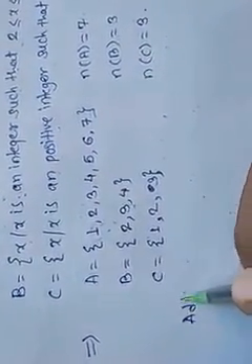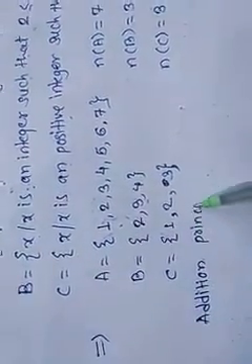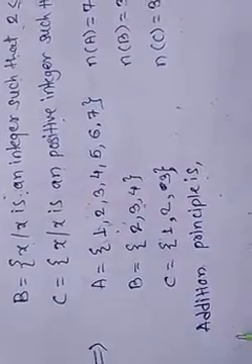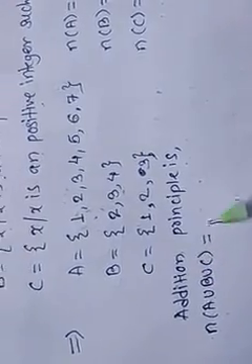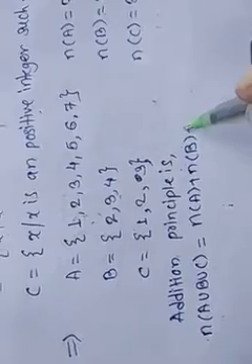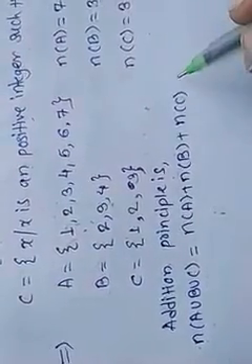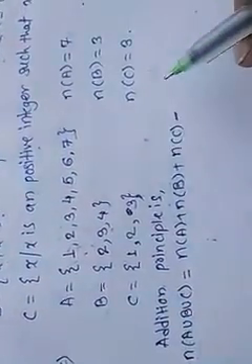So here the addition principle for 3 sets is n(A ∪ B ∪ C) is equal to n(A) plus n(B) plus n(C). First we add the cardinality of each single set.